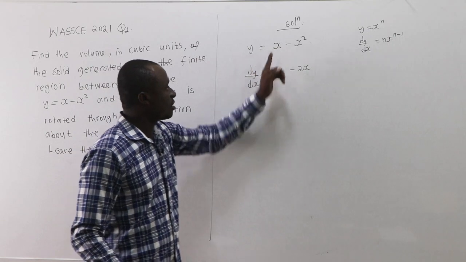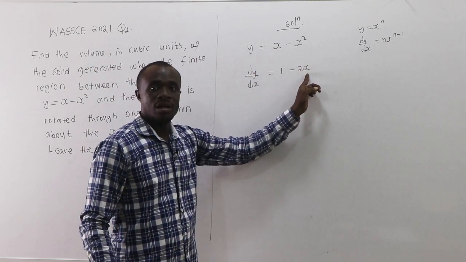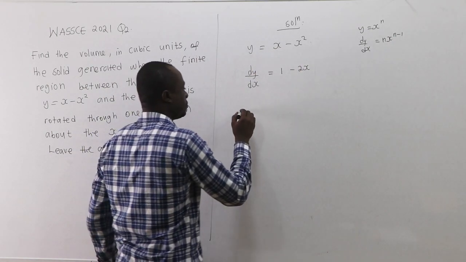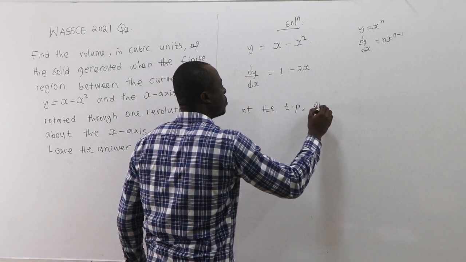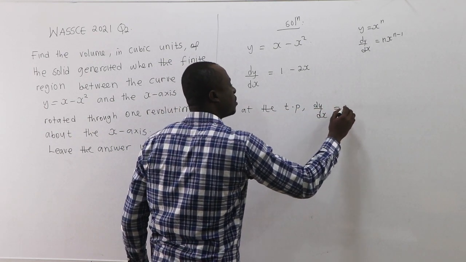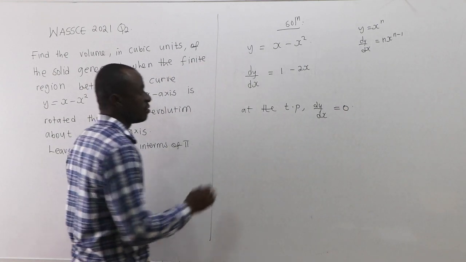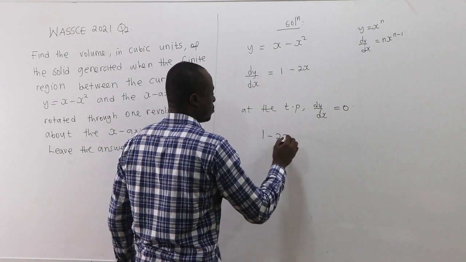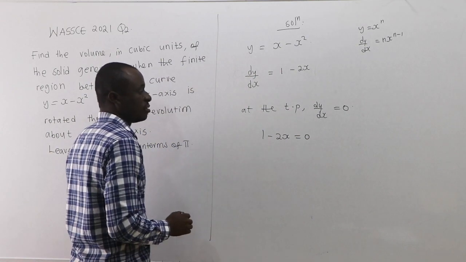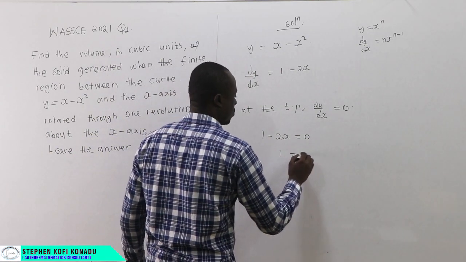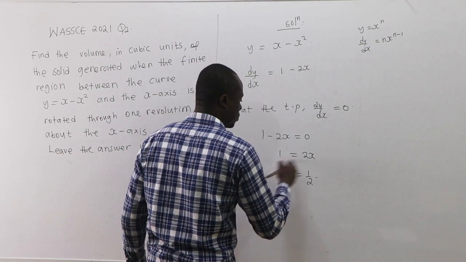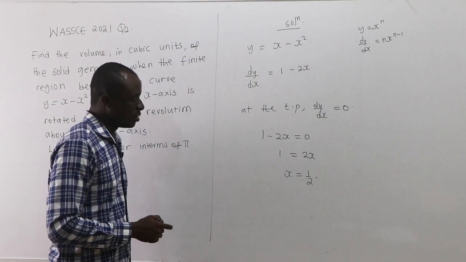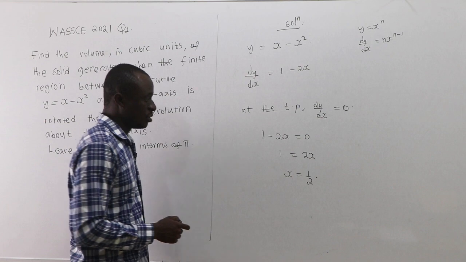Now, at the turning point, our differential must be equal to 0. So we have 1 minus 2x equal to 0. So clearly 1 equals 2x, and x is equal to 1 over 2.